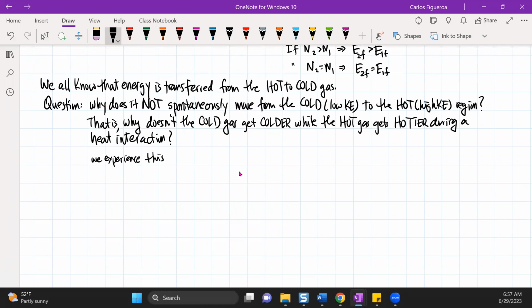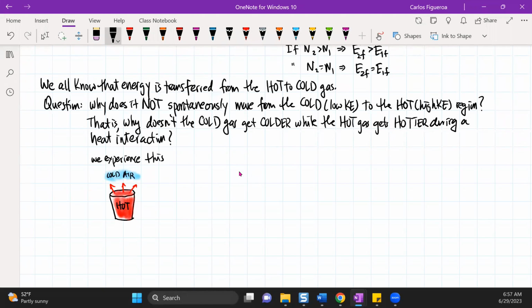What I mean is, if I have a hot cup of tea, then the heat radiates outwards. This is what our experience shows, and it radiates out to the cold air.